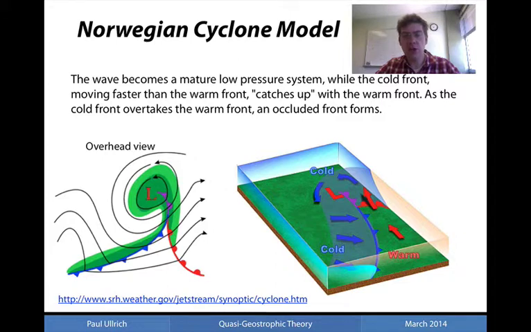Viewing this in the context of the Norwegian cyclone model, as the wave becomes a mature low pressure system, while the cold front is moving faster than the warm front, it then catches up to the warm front. So this is the case where we leave the linear regime and enter into the nonlinear regime.